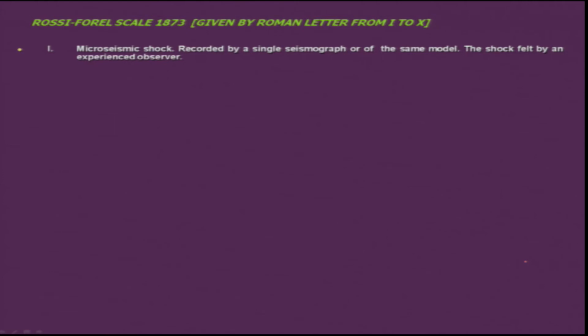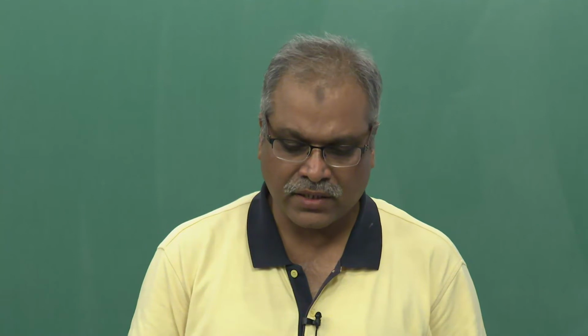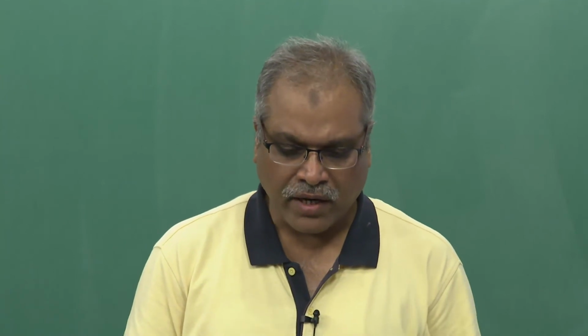I'll not go into the detail of this, you can read it later, but, for example, we are still using the intensity scale even though we have the magnitude scale.